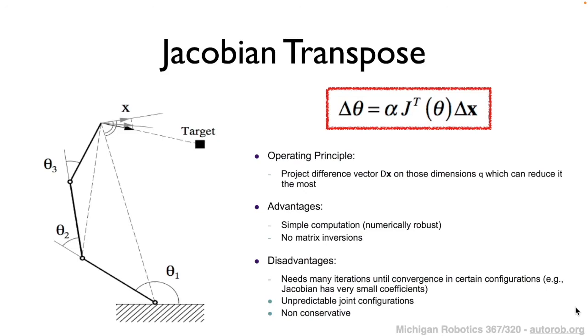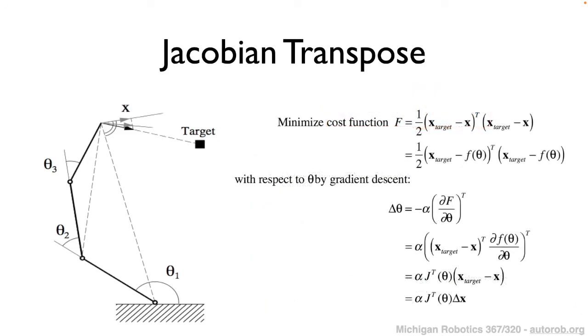The principle behind how this Jacobian transpose works is based on least squares minimization. It can be shown that using the Jacobian transpose to form these steps in configuration space corresponds to gradient descent, so it corresponds to minimizing the cost function defined on the upper portion of this slide.